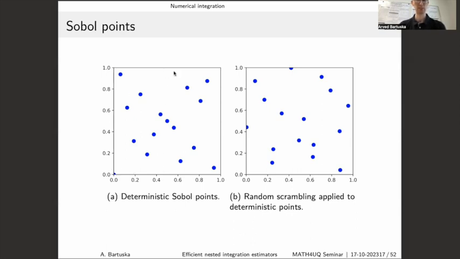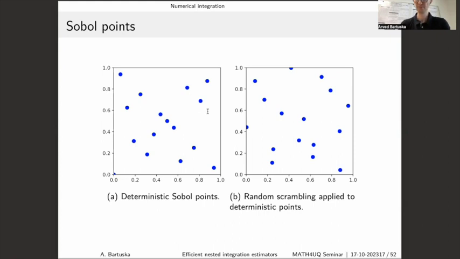If we split this in half vertically, we have 8 points on the left, 8 points on the right. If we split horizontally, we have 8 points on the top, 8 points on the bottom. In the lower left box, we have 4 points, top left 4 points, and so on. So we split the interval in each dimension into smaller boxes or smaller intervals, and then we should have the same number of points in each until we run out of points. Of course, for 16 points, there will be an area left empty, because there are just not enough points to fill every box.